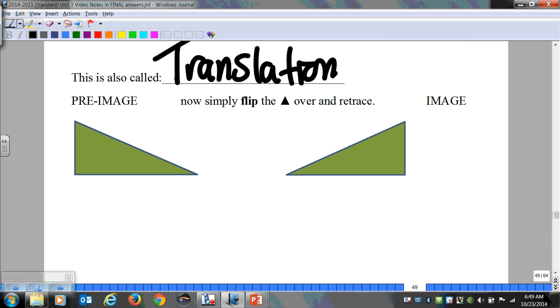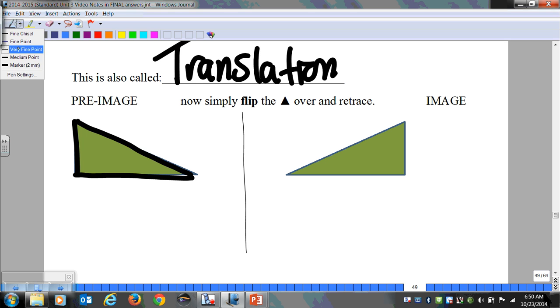Now, I'd like you to trace this on the left, please. That's your pre-image. Now, imagine if that was a cardboard triangle, you just picked it up and flipped it, like you flip it over a border or a line. So just write the word flip over a line. That's your pre-image on the left.